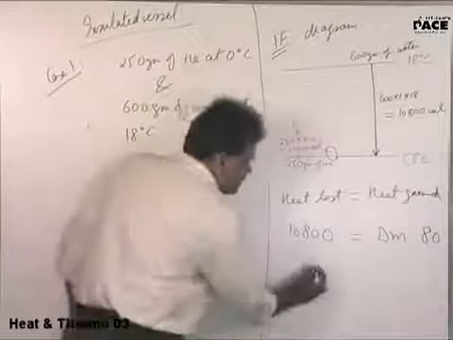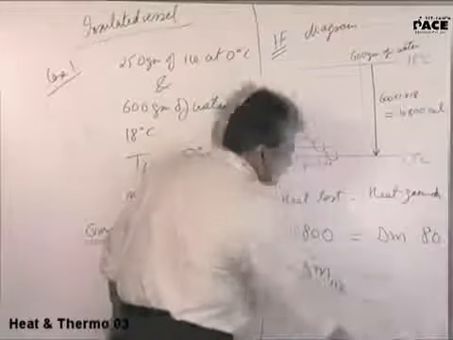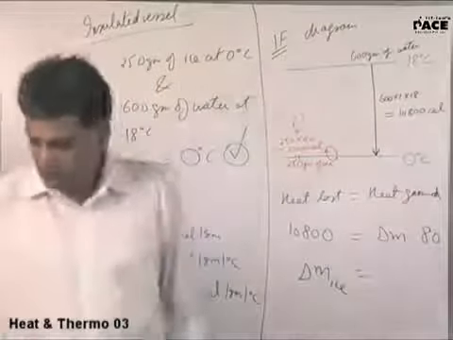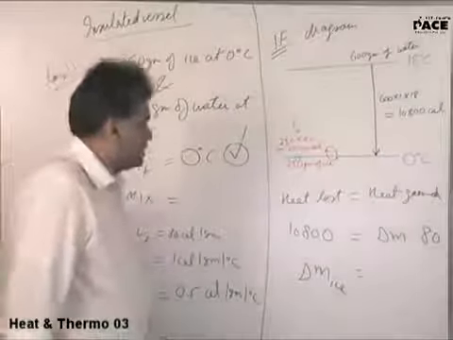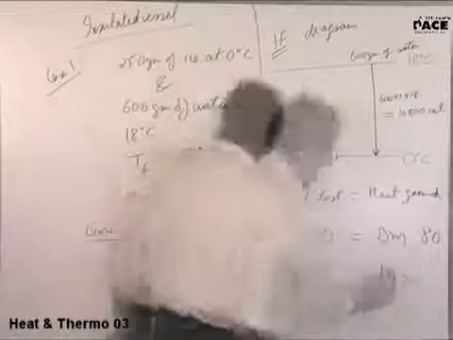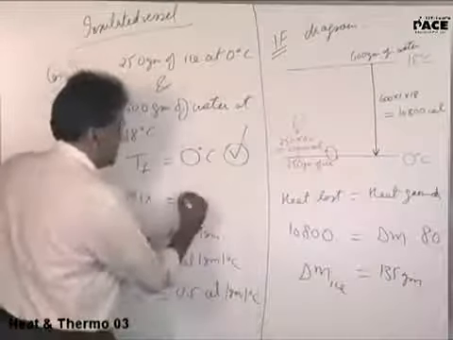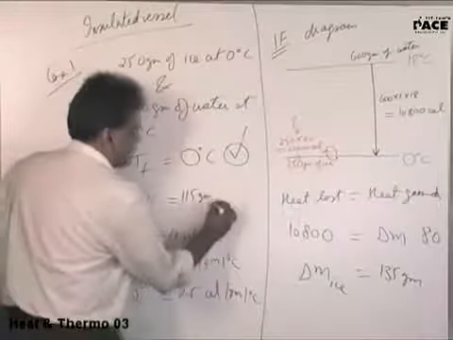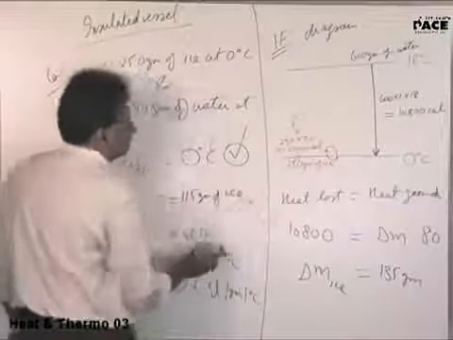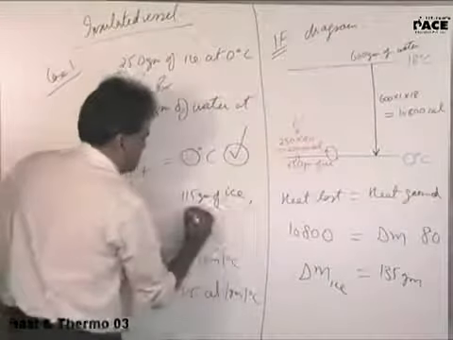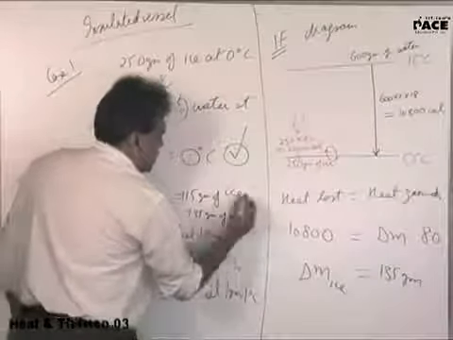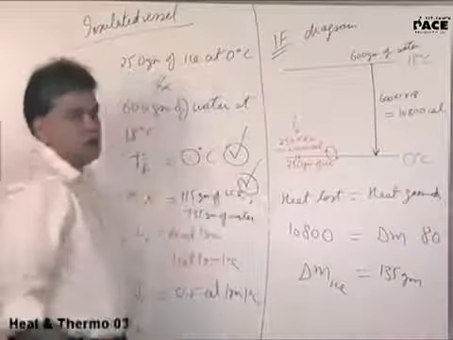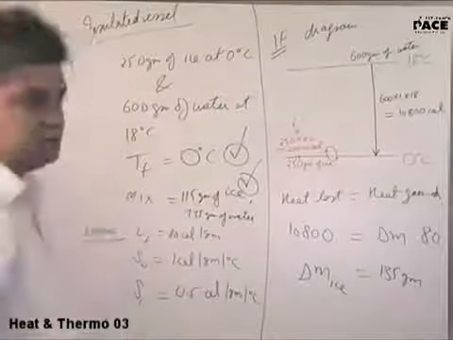So can you calculate how much ice melts? 135 grams. Yeah, that's it. 135 grams of ice melts. So what you have left out is 115 gram of ice and 600 plus 135, 735 gram of water. That's your answer. Is that fine?